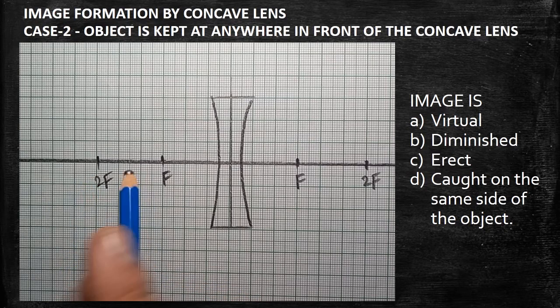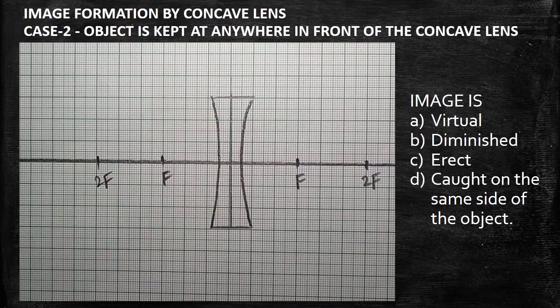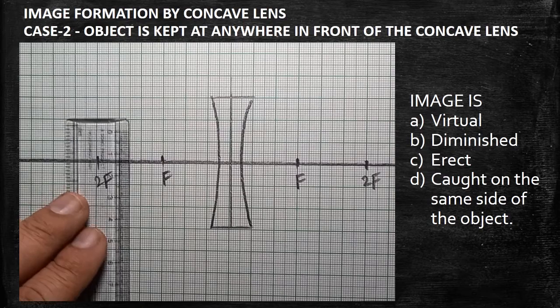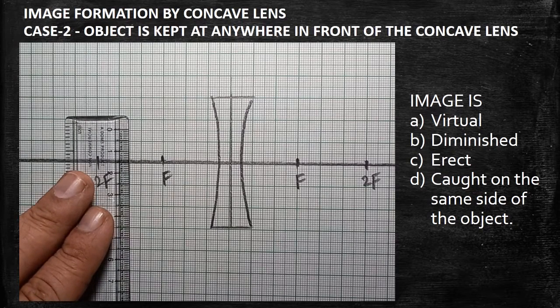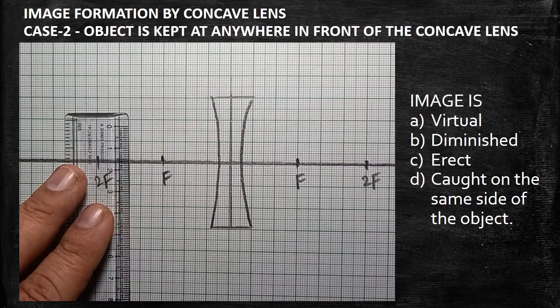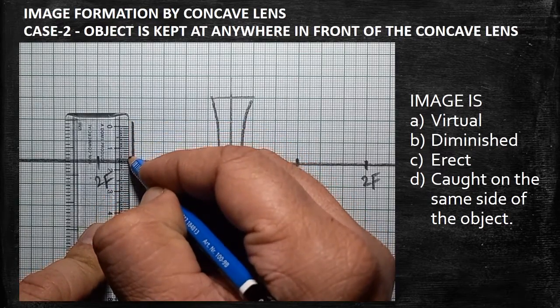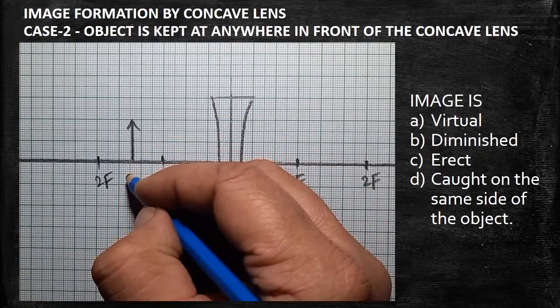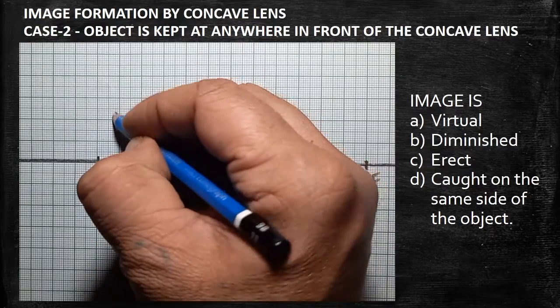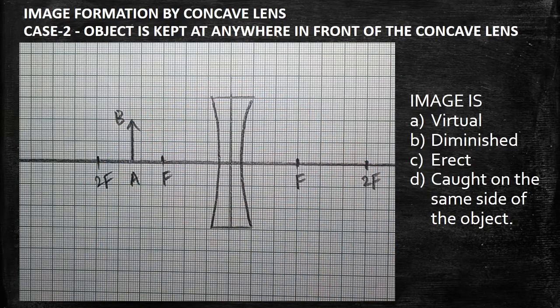Anywhere you keep it, you will be getting the same kind of image. Just as an example, is it clear? I am going to keep the object between F and 2F. The name of the object can be called AB. Are you clear? Now I am going to draw the ray diagram to get the image.